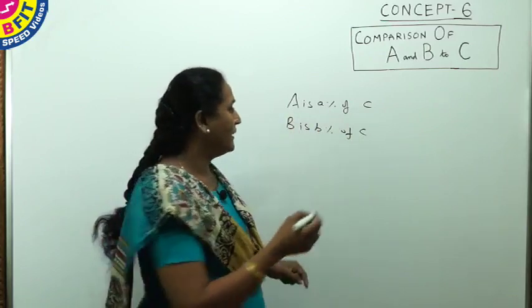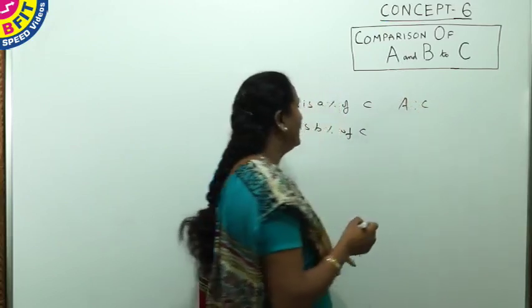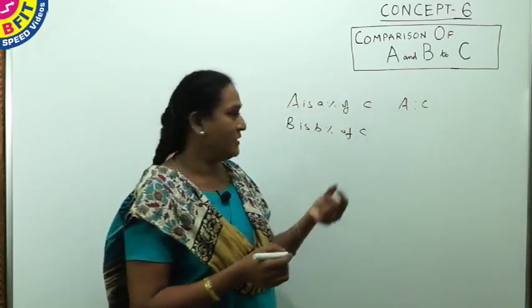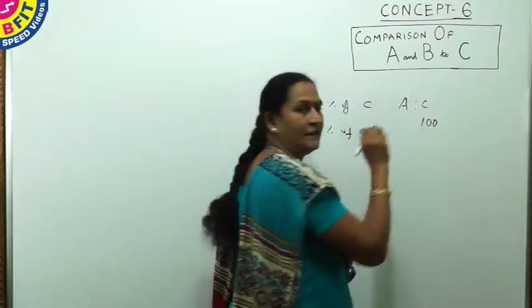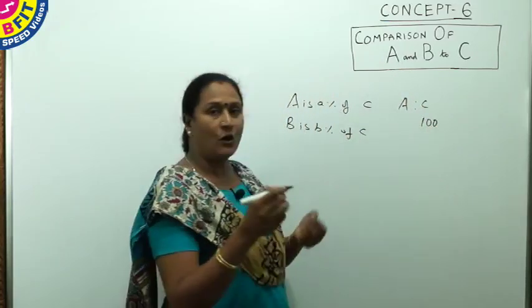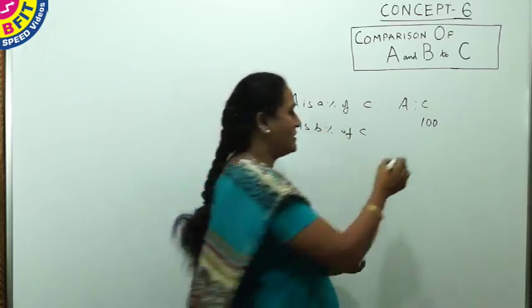So now to form the ratio between A and C. A is A% of C. So C's value is the base, and as it is percentage, take C's value as 100. And what will be A's value? It is just A because it is "of" concept.